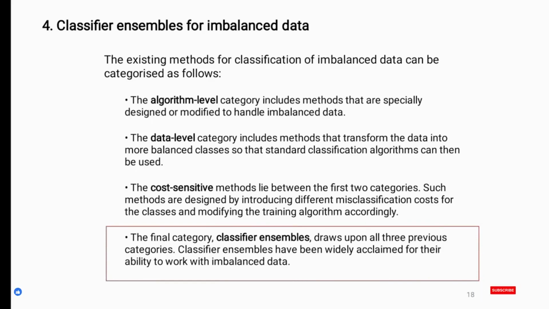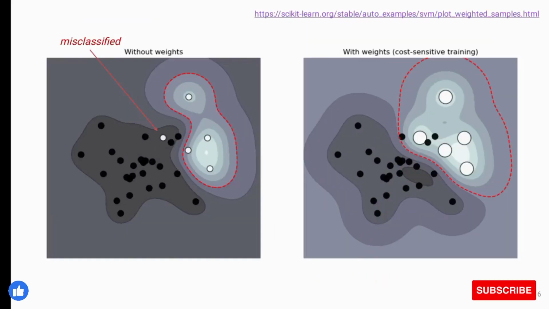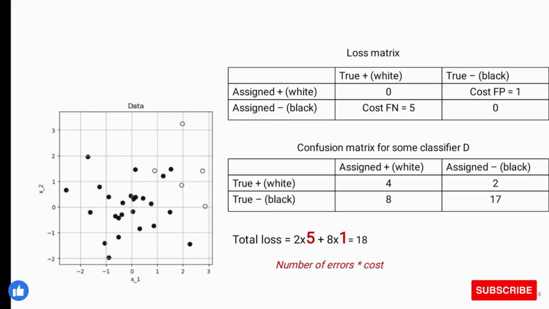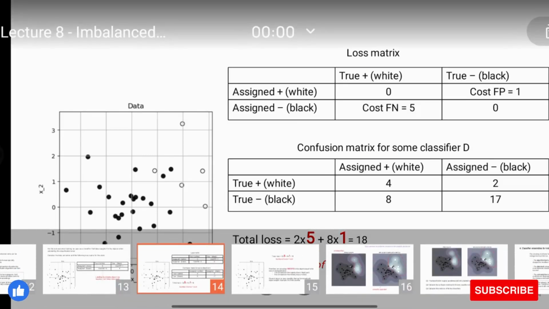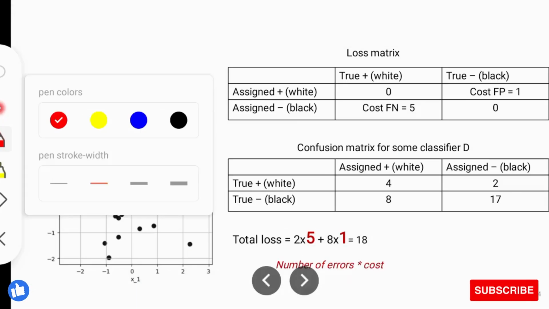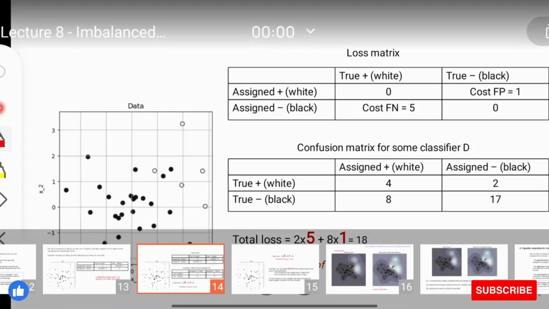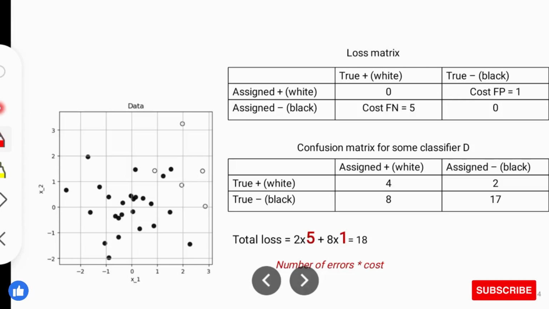Is this a confusion matrix? I've deliberately drawn it the other way round for a reason. The loss matrix isn't drawn the same way round so that we don't confuse it with a confusion matrix.